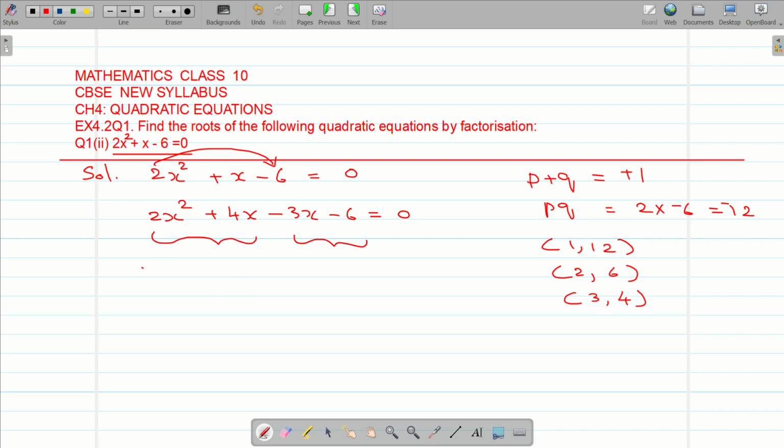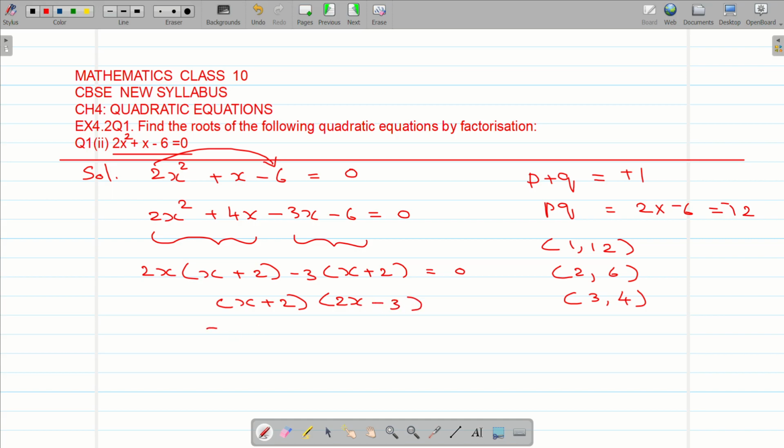From the first two, if I take 2x common, I get x plus 2, and the next bracket should be x plus 2. For that I have to take minus 3 common. Again, taking x plus 2 as the common factor of these two terms, I get 2x minus 3.